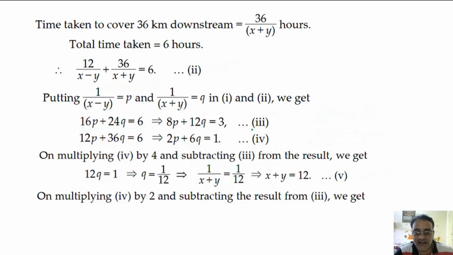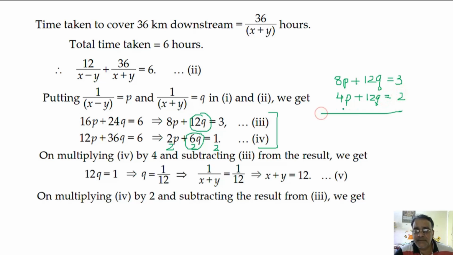Without substituting, first what we can do, as I told once, we can solve this again in another way. How? If we multiply this by 2, then this coefficient will become the same. If you subtract, you will get the answer for p. Okay, so see what we get, I will show both methods. 8p plus 12q is equals to 3. This is the third equation, and the next equation we will get 4p plus 12q is equals to 2 if you multiply with 2.